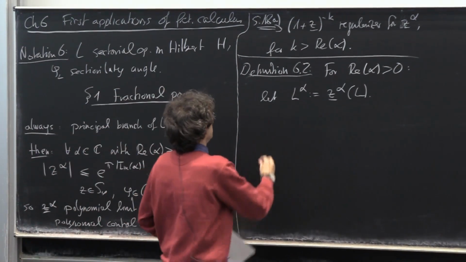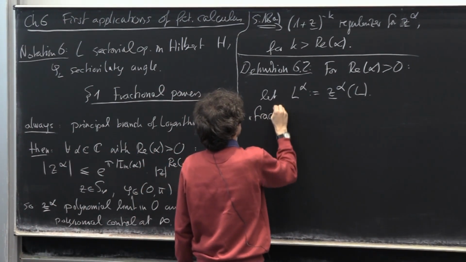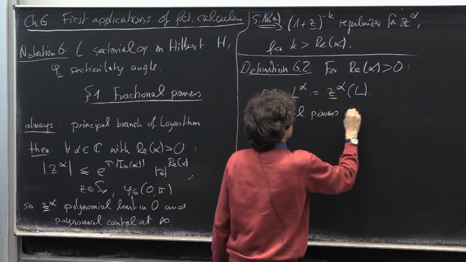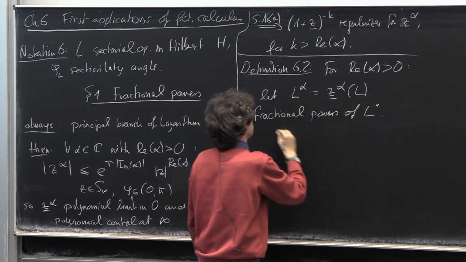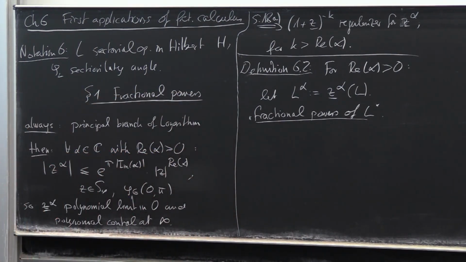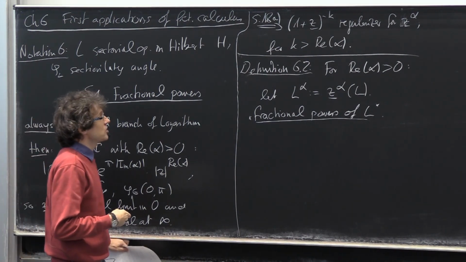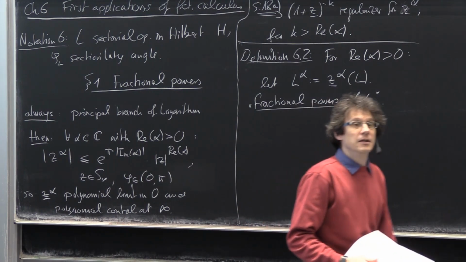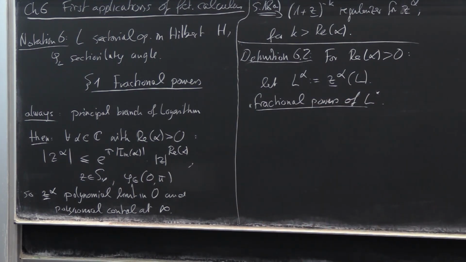These operators are called fractional powers of L. And the name fractional powers is especially made for the case alpha being real and between 0 and 1, but this definition works for every positive real part.